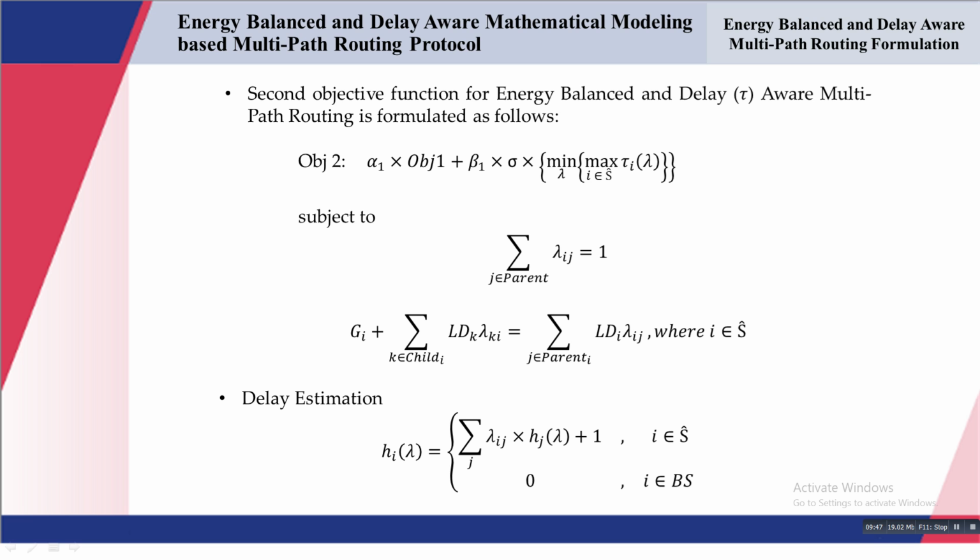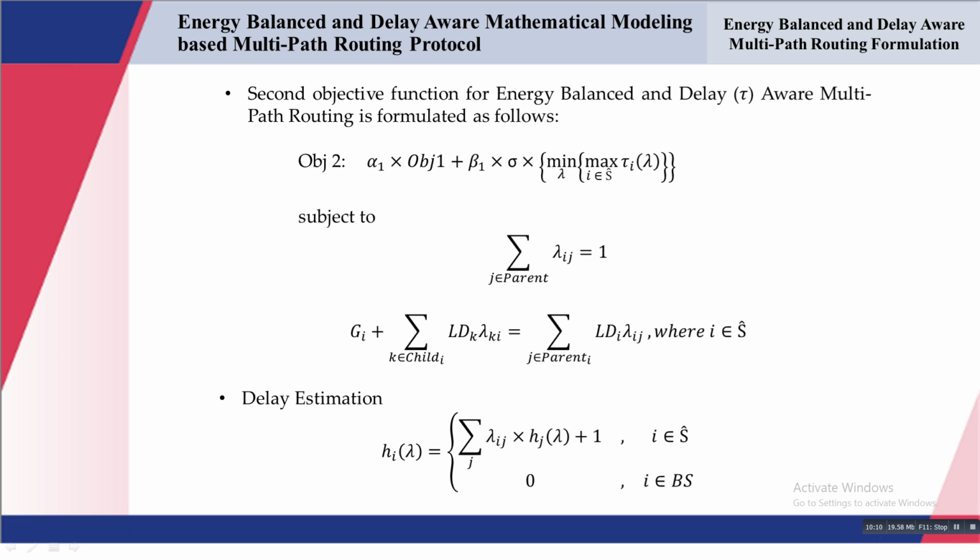This tau I represents the delay value for a given traffic distribution lambda for the ith node. So we will try to minimize the delay value corresponding to the node which creates the maximum delay, subject to the conditions, which are the same as I discussed in the previous slide.